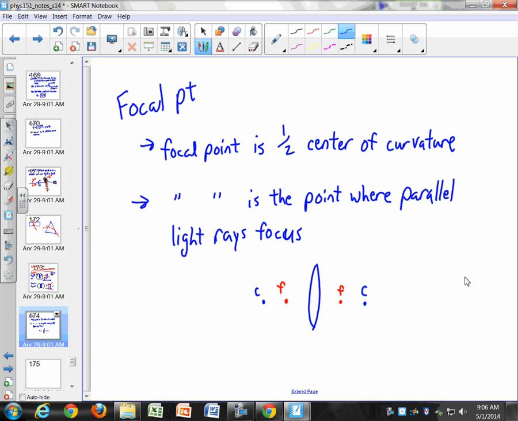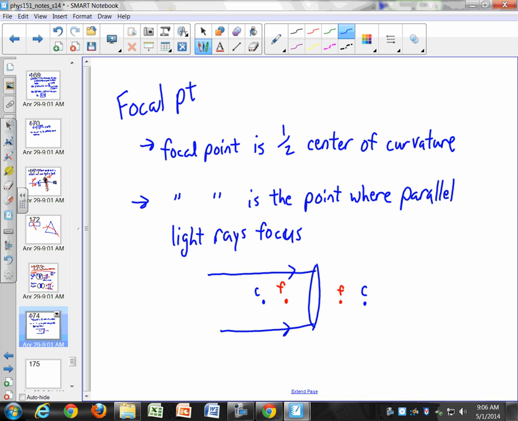I can also imagine if I have parallel light rays, and remember parallel light rays, as we talked about with sound as well, they come from an object that's very nearby or very far away. Very, very far away. Like the sun, for example. When we're here from the sun, the light rays coming from the sun are basically parallel.